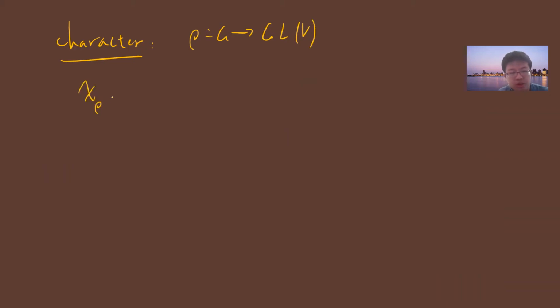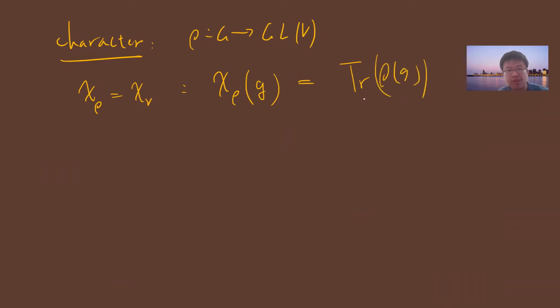So now we talk about character. Character is the key idea in group representation. Given a group representation rho, I define chi_rho, which some people write as chi_V, but I use chi_rho. So chi_rho of g is defined to be the trace of rho of g.